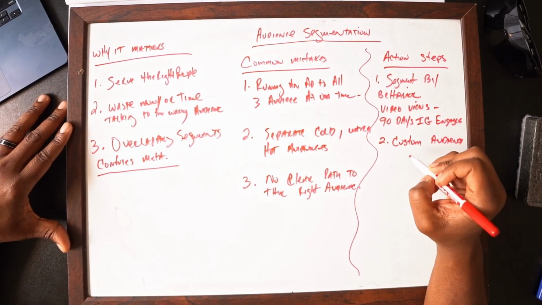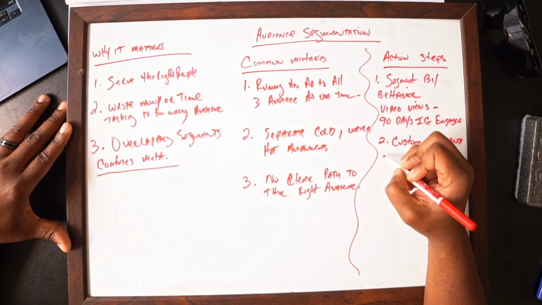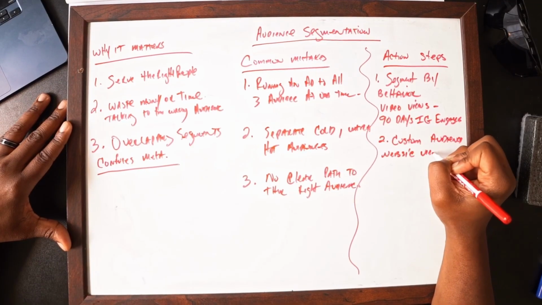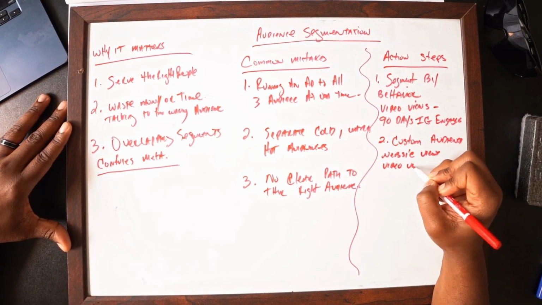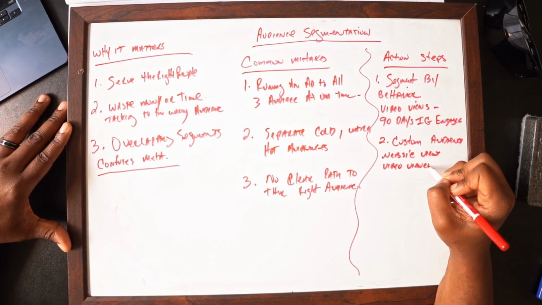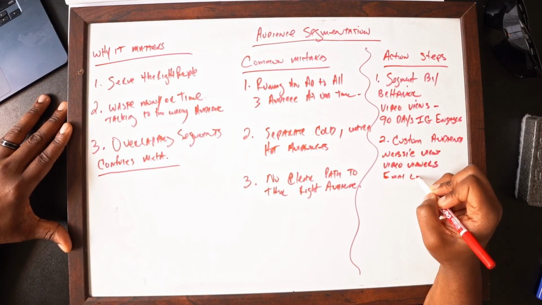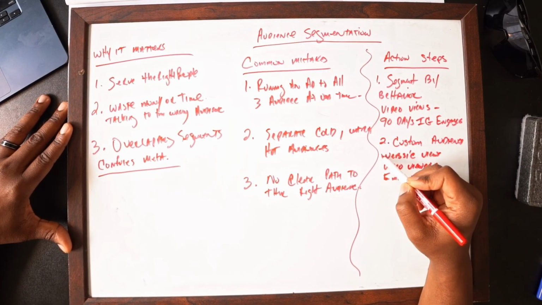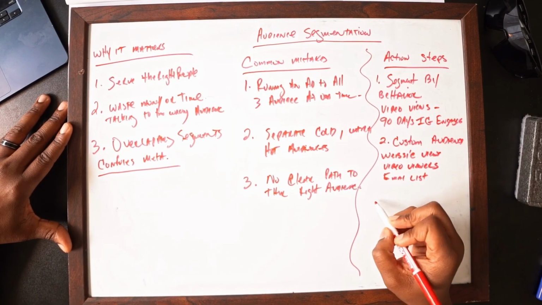So what you want to do is you want to create website viewers. You can create video viewers. You also can create those from your email list, and so on and so forth, okay? So you have to know how to create the custom audiences.